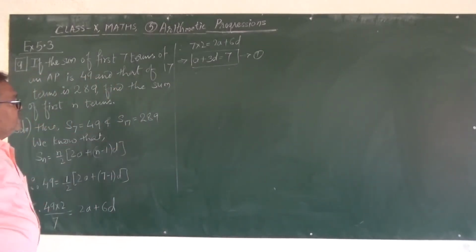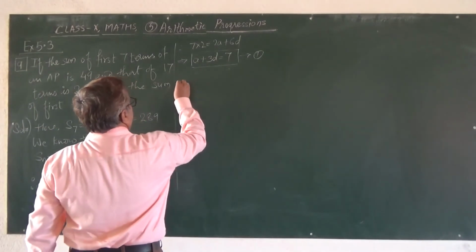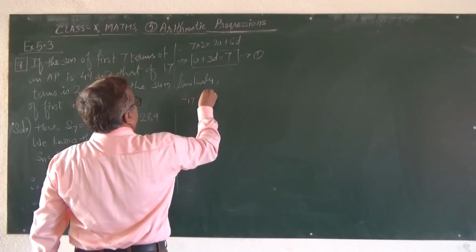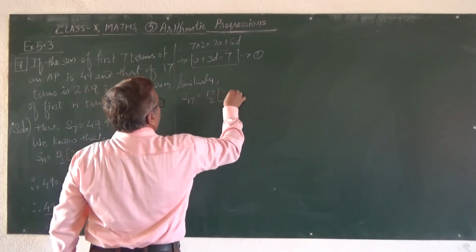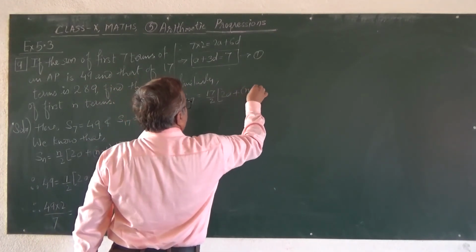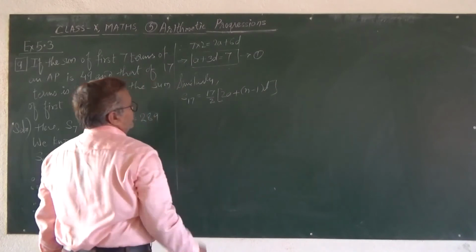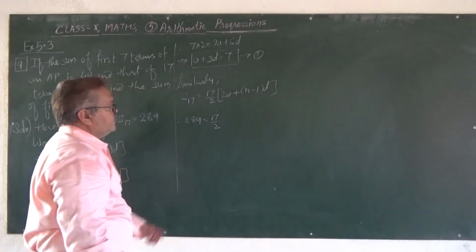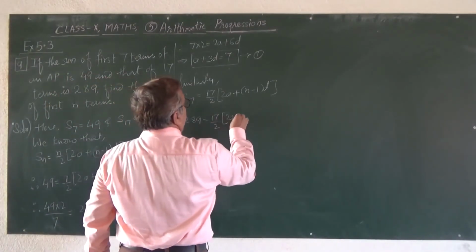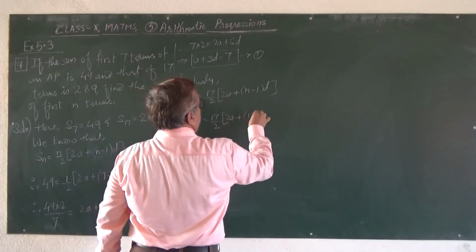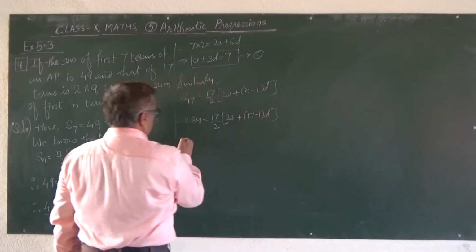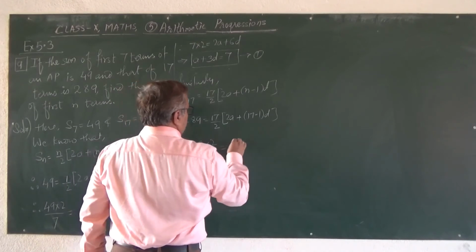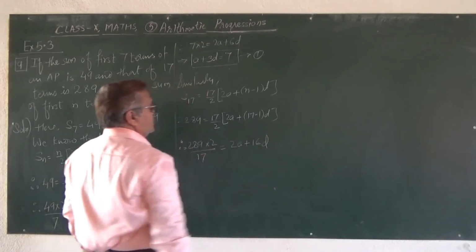Similarly, the sum of the first 17 terms is 289. So S17: 17 by 2 into (2a plus (n minus 1) into d), is 289. 17 by 2, 2a plus (17 minus 1) into d, that is 16d.